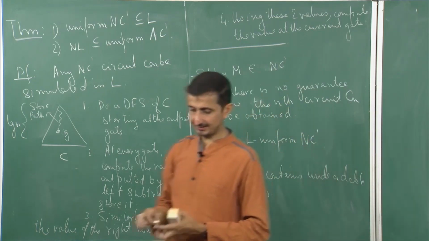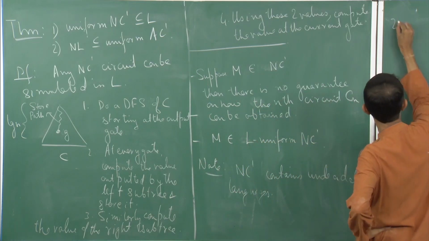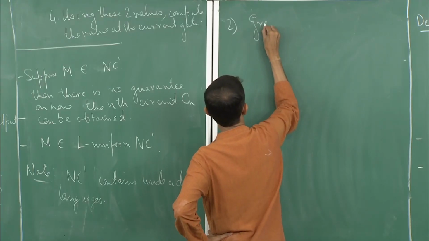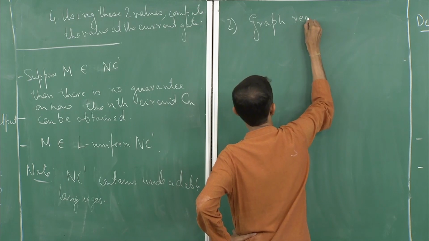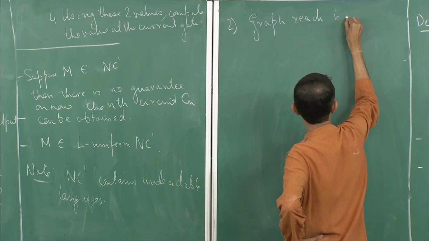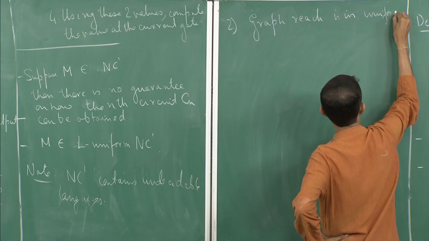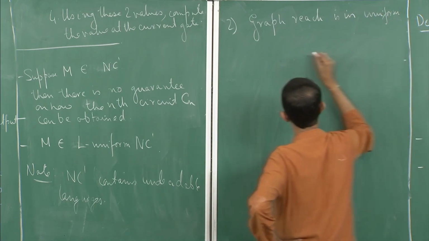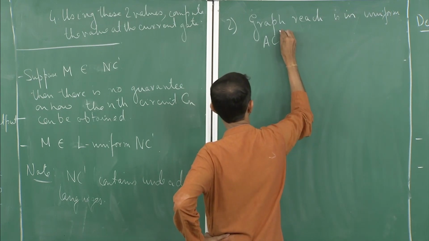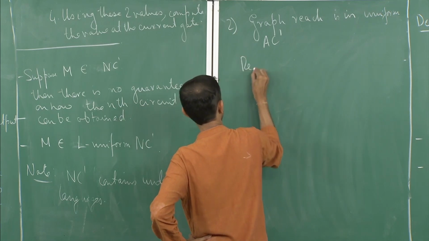Here we will use the fact that NL has a complete problem, and what we will show is that graph reachability is in uniform AC1. Okay. So to prove this, let me define a predicate.